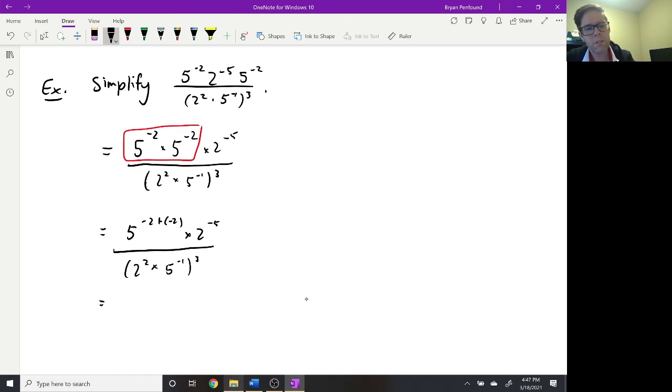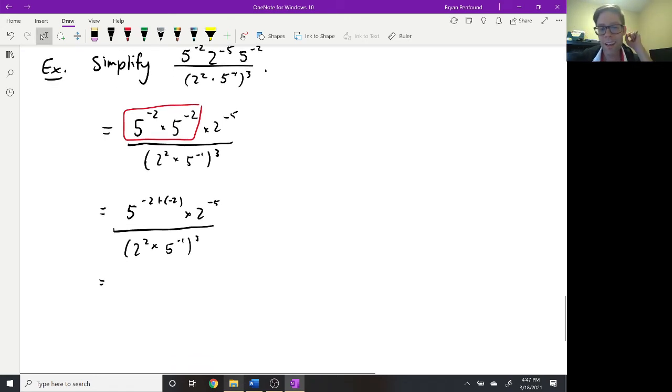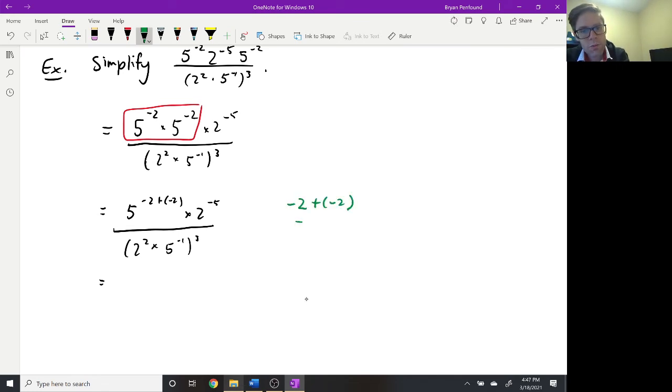And we know from our discussion about integers, negative 2, so I'm going to do this maybe in green over on the side, negative 2 plus negative 2 is really like negative 2 take away 2 more, which is really like negative 4. So the new power of 5 in the numerator should be 5 to the negative 4.